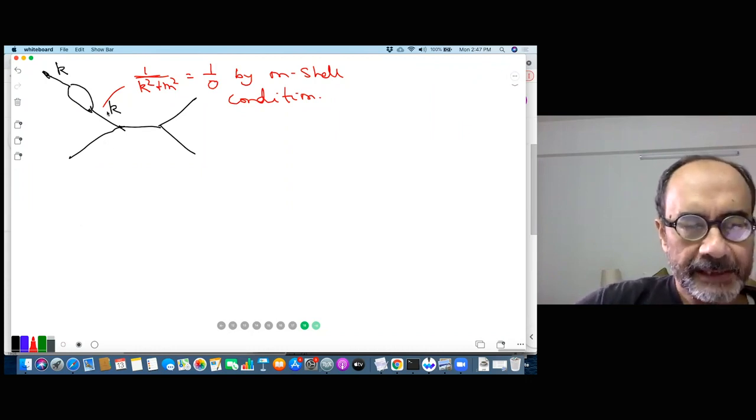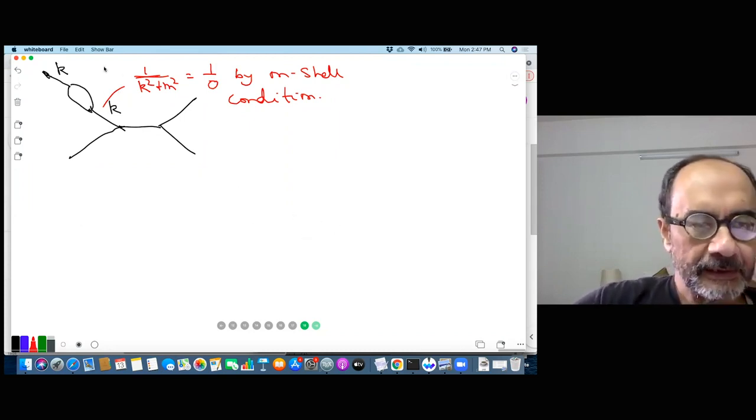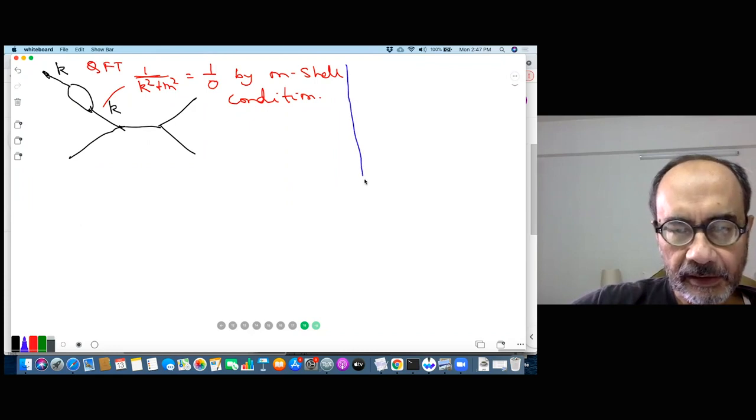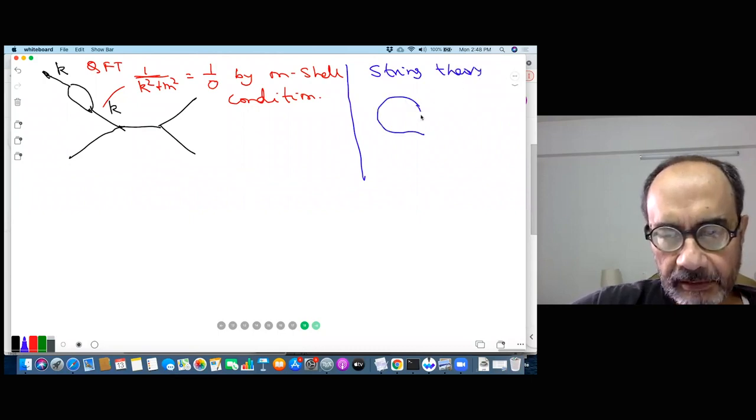Using this insight, you can also figure out where such divergences will come in string theory. All you have to do is fatten these into pipes. So this is in QFT. Now in string theory, if you fatten, let me draw the diagram.